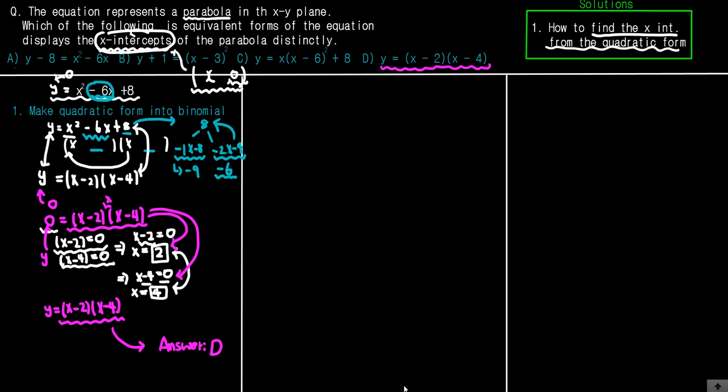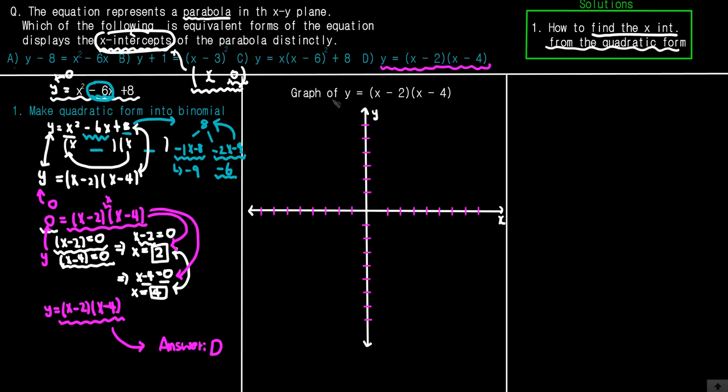And let's think about the quadratic function's graph of y is equal to x minus 2 times x minus 4. Let's write our function down, y is equal to x minus 2 times x minus 4. And we can just pick some points that are easy to graph.